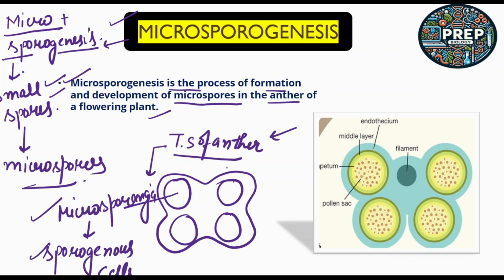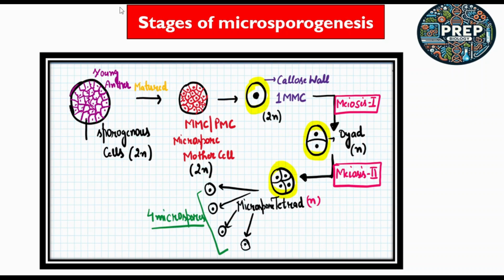Now in microsporogenesis, the microspores are formed from the sporogenous cells. So let's start with the different stages of the microsporogenesis. Look at this picture.